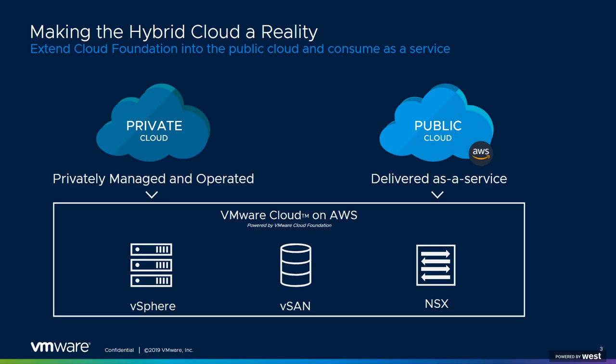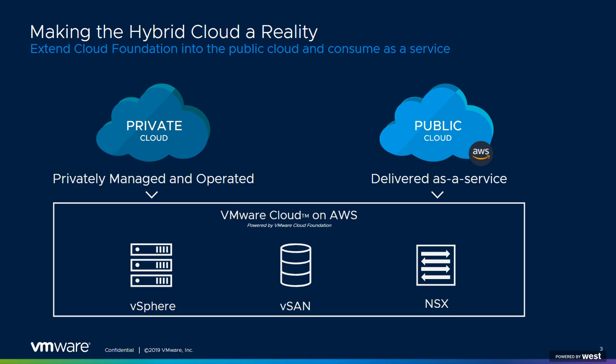As a level set, VMware Cloud on AWS has been able to successfully deliver SDDC as a service to customers. By that, we mean that delivering vSphere, NSX, and vSAN at a policy-based level into VMware Cloud on AWS gives them the ability to consume the foundation components of our SDDC.